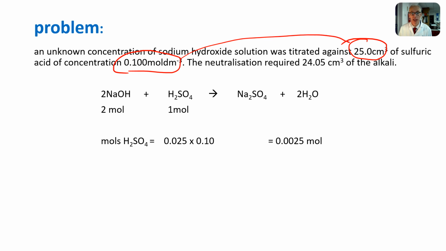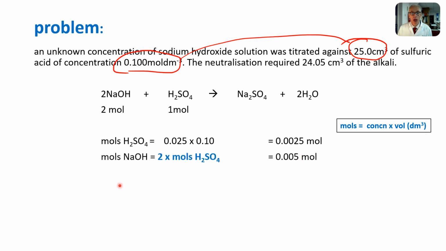Tie those together, so that gives us the number of moles of sulfuric acid. Volume times concentration, volume in decimeters cubed. We're just using moles is concentration times volume.